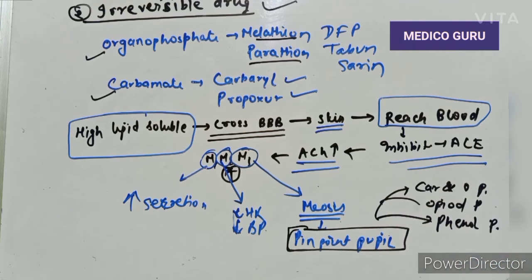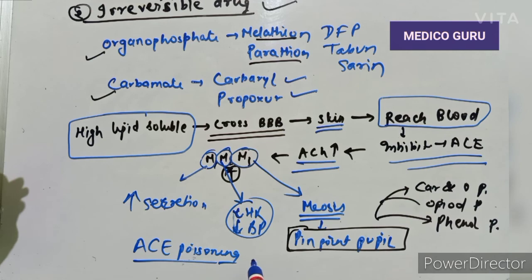But in acetylcholinesterase poisoning, we just have to think about the pinpoint pupil and the secretions. If increased secretion and pinpoint pupil are both seen simultaneously, then we have to understand that this is acetylcholinesterase poisoning, in which pinpoint pupil and secretion are both seen.